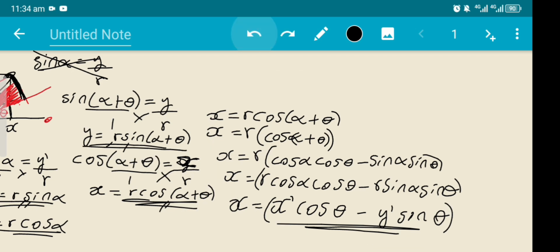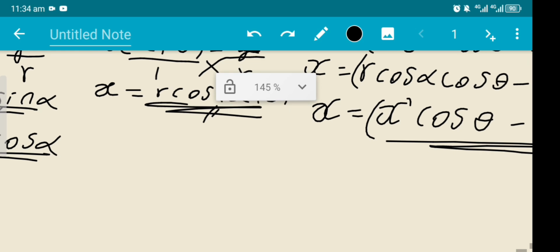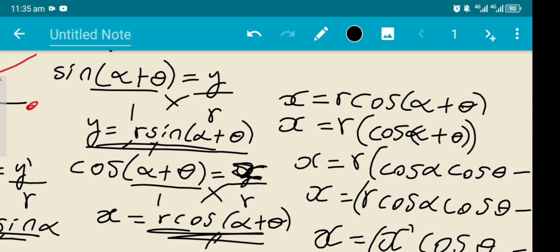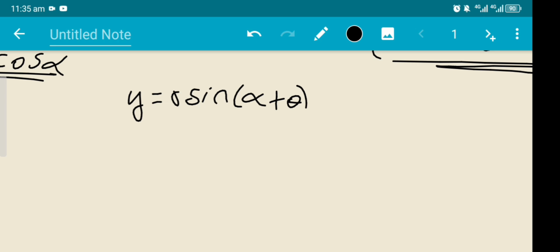Now let's grab this and then we do the same. Grabbing it, let me just zoom in a little bit. Let me just memorize this. y is equal to r sine alpha plus theta. Okay, so y is equals to r, open brackets, sine alpha plus theta. Doing the same thing that we did at the beginning of the video, taking this as your a, taking this as your b, let's factor out the r.